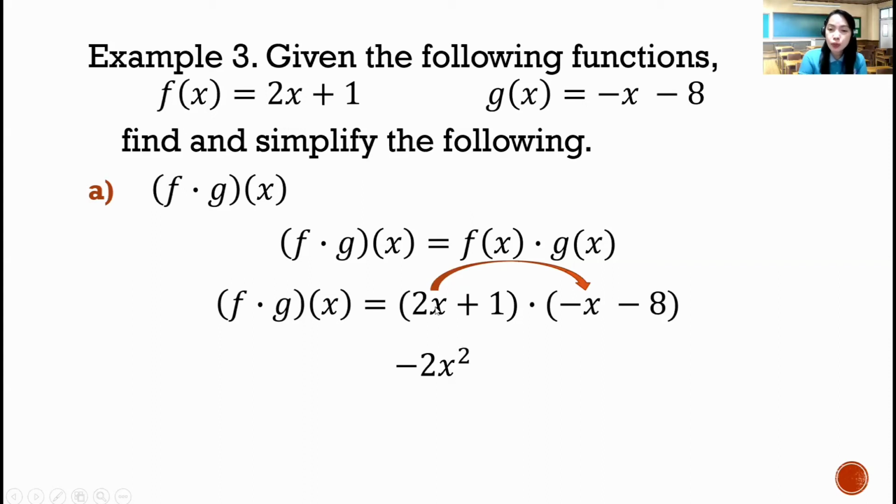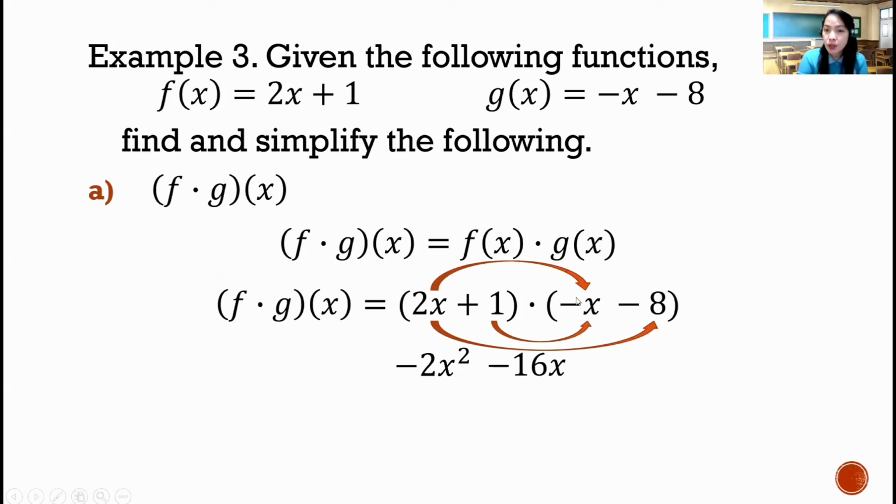Next, yung 2x, i-multiply na natin sa negative 8. So that would be, since na walang variable, so just copy x and then multiply 2 times negative 8. So that would be negative 16x. Next, we have here 1 times negative x. So, walang variable, just copy x.